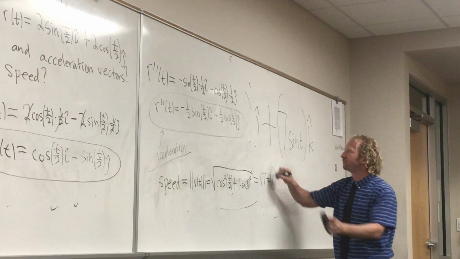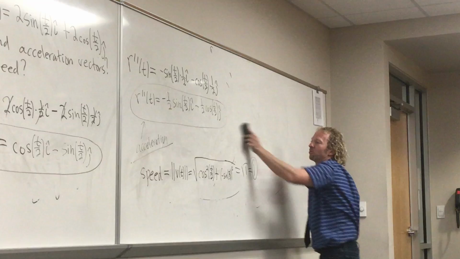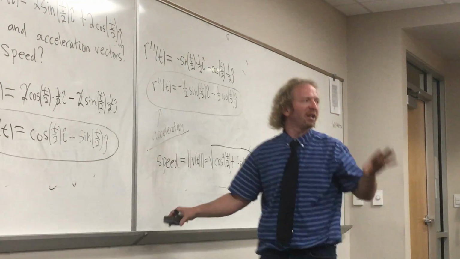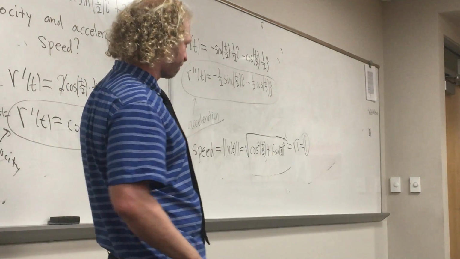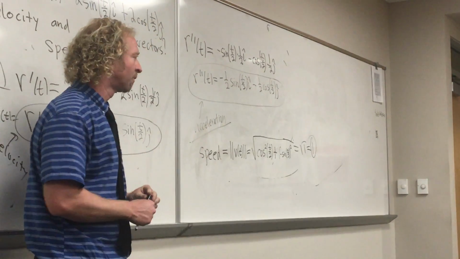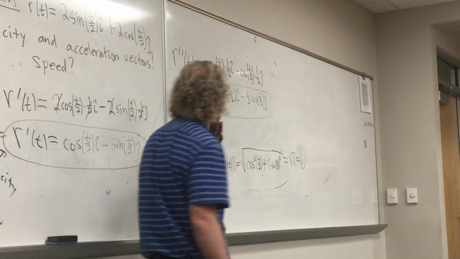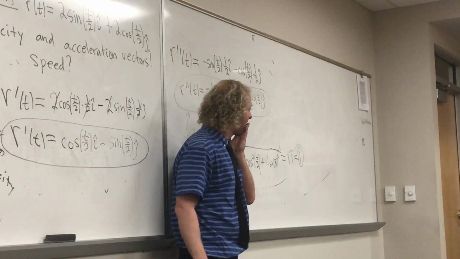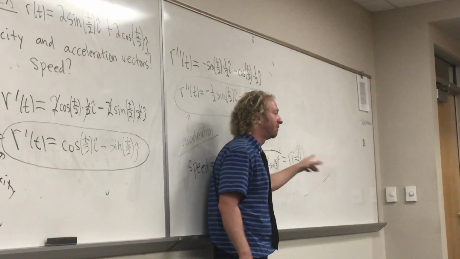So that's the speed. So in theory, the problem is done. But now this is the cool part. But before you go further, any questions on speed? Yeah, with the sign, it doesn't matter with the power. Right, because you could still do negative sine squared of t over 2. The negative goes away with the 2.